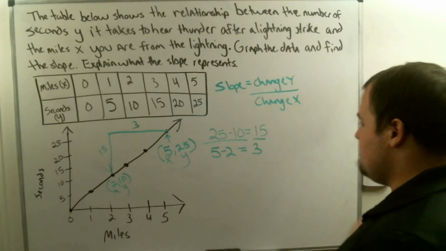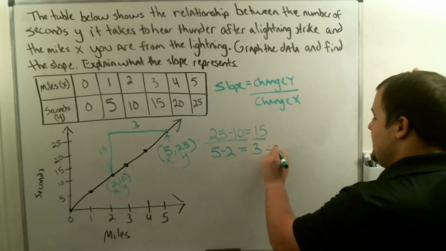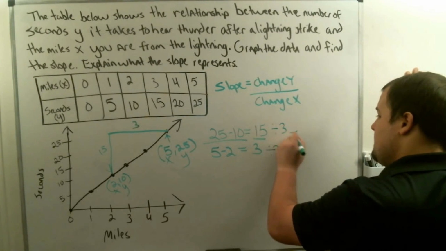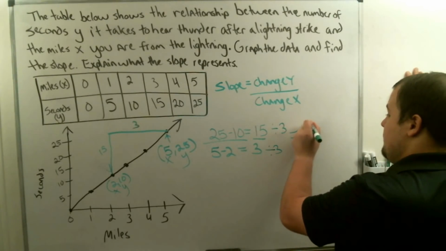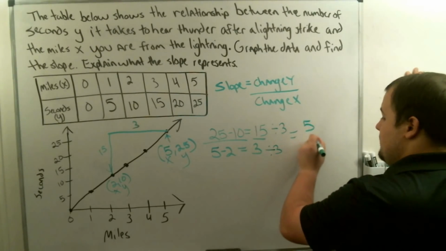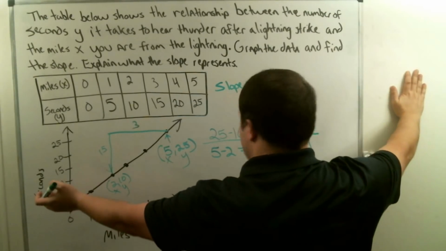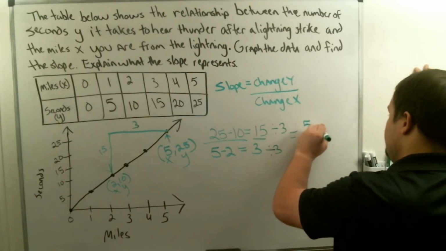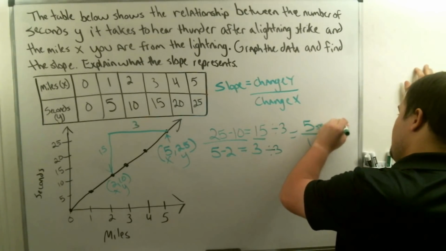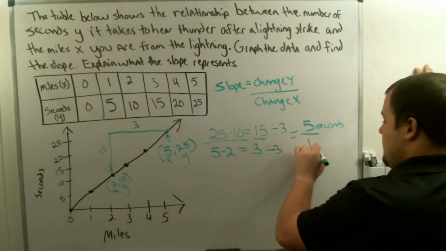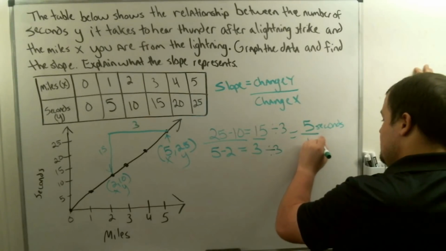Well, if I change that to unit rate by dividing the top and bottom by 3, I get 15 divided by 3 is 5. And 3 divided by 3 is 1. Well, I know that the y is seconds. And I know the x is miles.